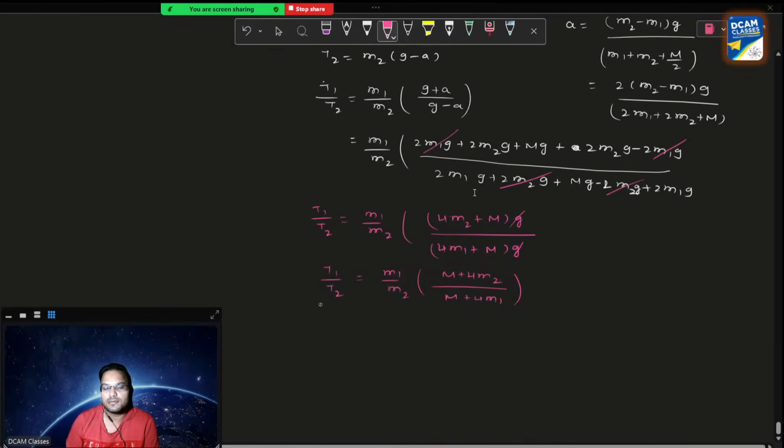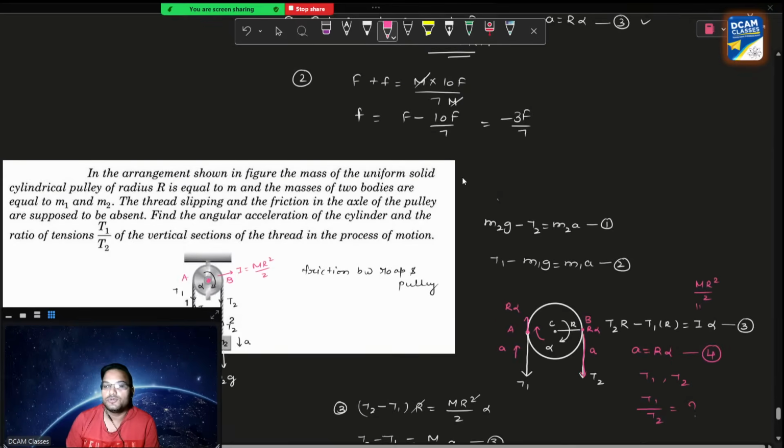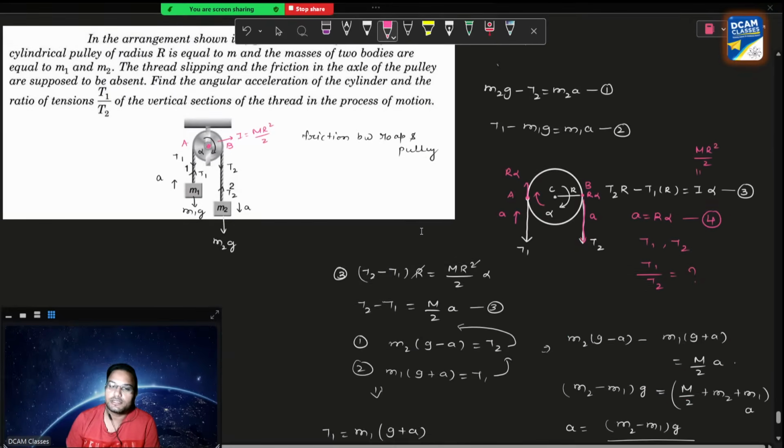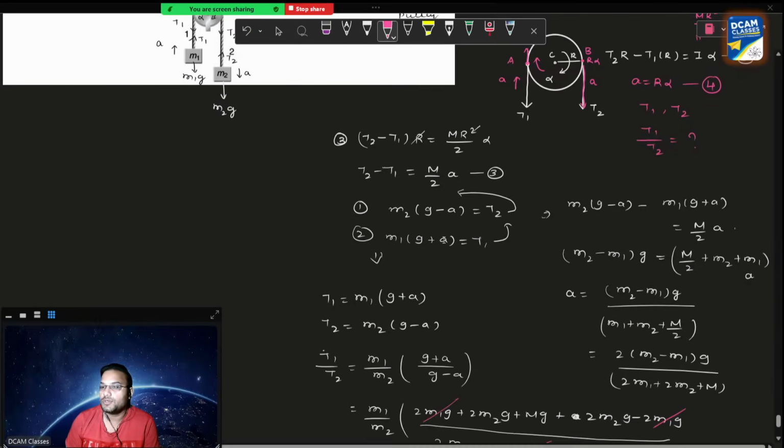See, why this became complex now is because the values of m1 and m2 were not given. Usually in the examination, when they give you the values of m1 and m2 as numerical values, and you put those numerical values in, these equations seem easy to solve.